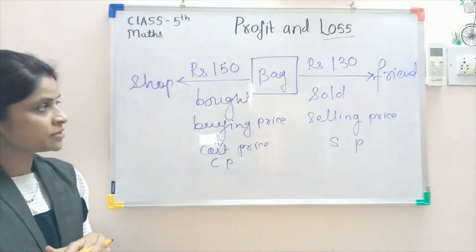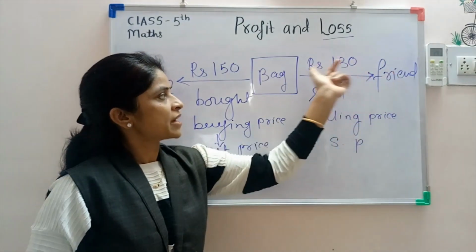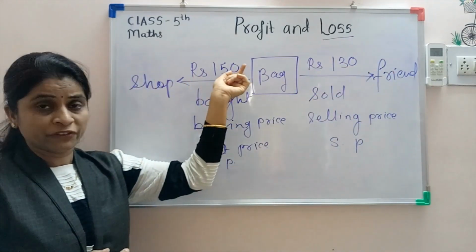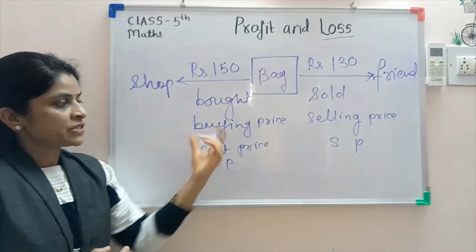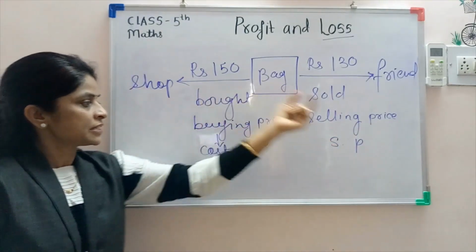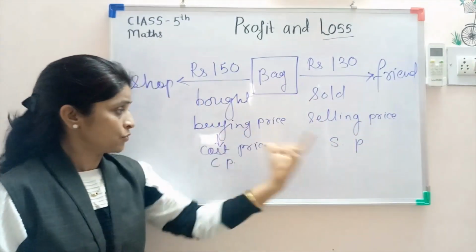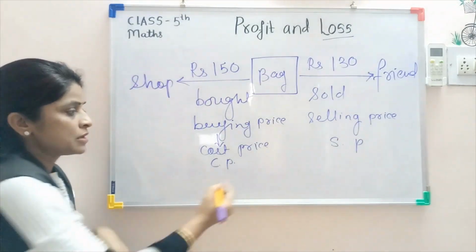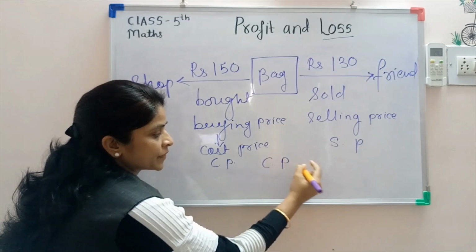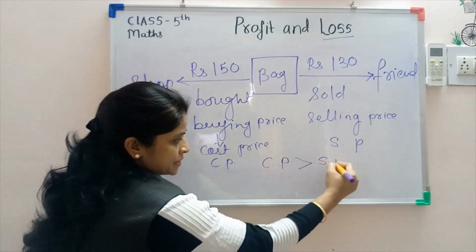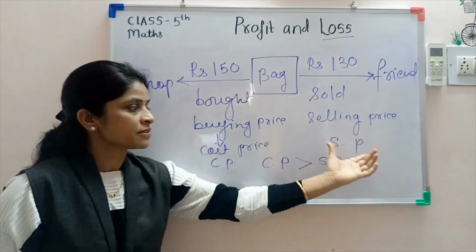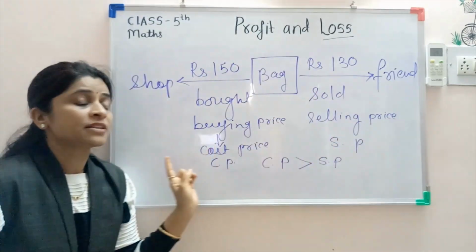Now see here students, the selling price of the bag is 130 and the cost price of the bag is 150. Now which one is greater? Cost price or selling price? Here selling price is less and cost price is more. So CP is greater than SP. If cost price is greater than selling price, then there is loss.